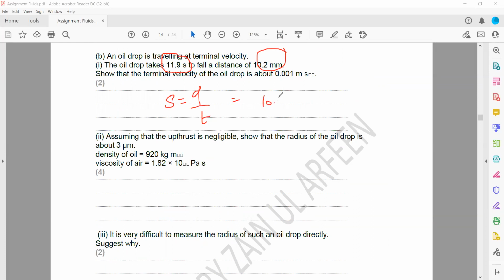So distance is 10 into 10 to the power minus 3 because it is milli, divided by 11.9 seconds. So it will be 0.0012 meter per second. Because it's a terminal velocity, that's why we directly use the formula speed is distance over time.